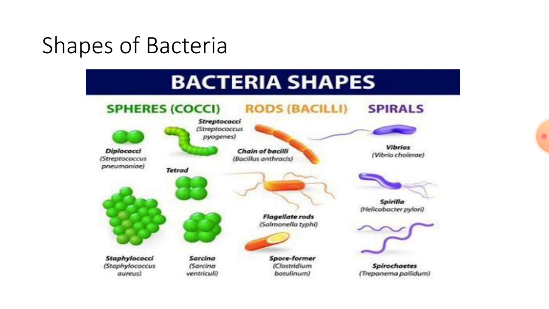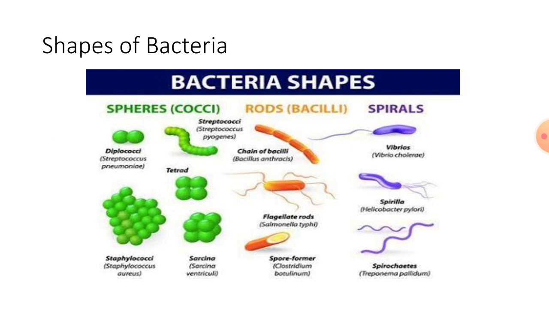Another shape of bacteria is rod shaped bacteria, also called bacillus type. If we see only one rod shaped bacterium, that is called monobacillus. If we see 2 rod shaped bacteria present one after one, that is called diplobacilli. If we see more than 2 rod shaped bacteria present like a chain, that is called streptobacilli.